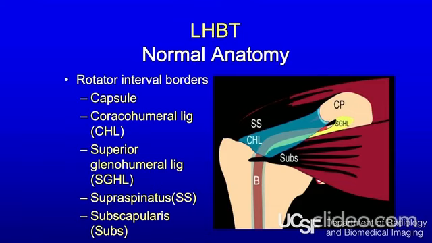Then underneath, yellow, we have a ligament that comes off of the glenoid below where the biceps comes off, the superior glenohumeral ligament. And notice how it's going underneath the red biceps there. That is, again, a part of this whole area that converges in the rotator interval. And of course, you have your supraspinatus muscle and tendon on top and your subscapularis below. And that actually sends fibers over the biceps groove over to the greater tuberosity.